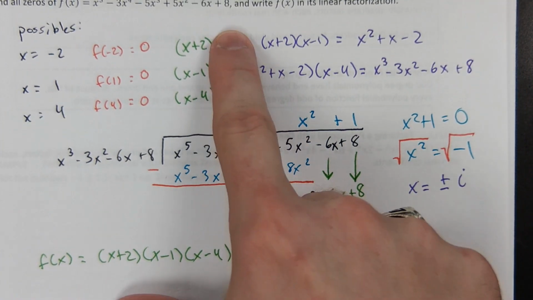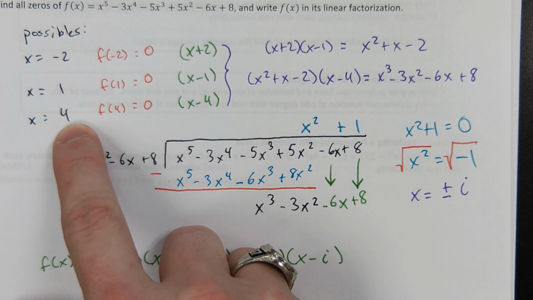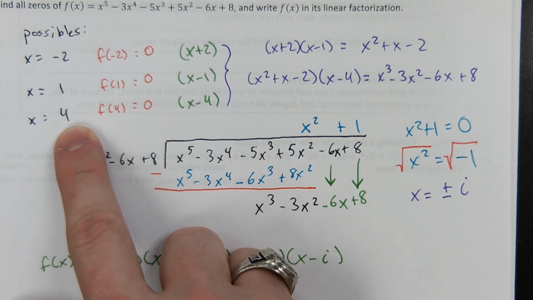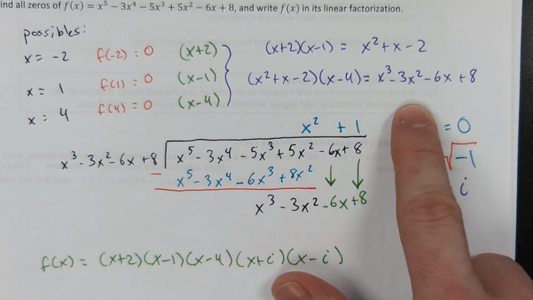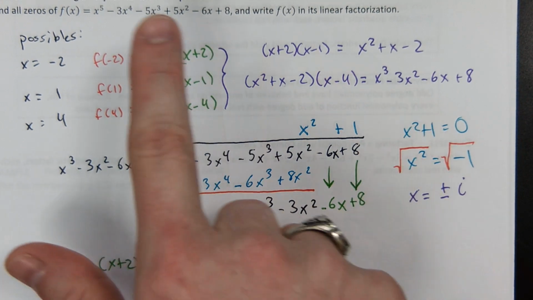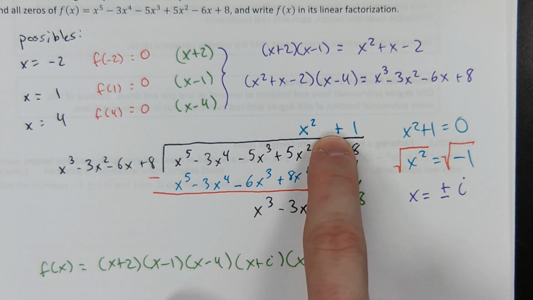We were able to find these three real factors because this is where our graph crossed the x-axis, and we double checked that with the table. These three factors multiply out to give you this cubic factor of our polynomial. We divided using long division, and it left us with this irreducible quadratic.